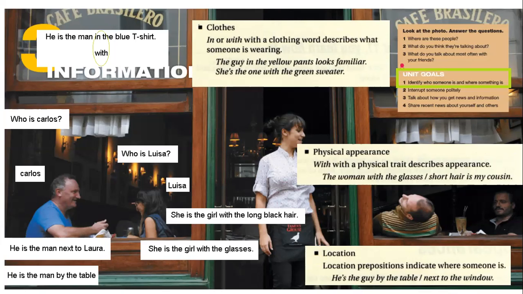What's the word for bigote in English? Sebastian is the man with black t-shirt. Okay. Physical appearance. Tell me about bigote. What's the word for bigote in English? Carla, how do you say bigote in English?